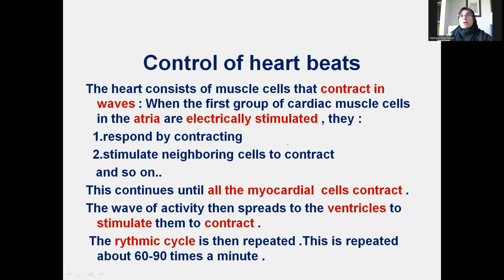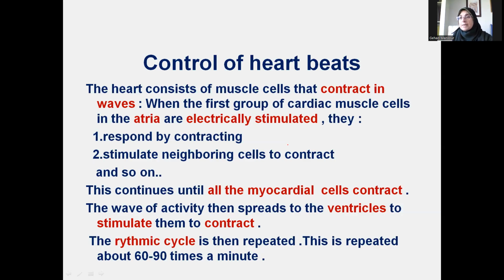Okay. But there could be other pacemakers of the heart without the SA node being diseased, in cases when we have an ectopic focus in the heart that is firing at a very high rate, like for example, firing at 300 beats per minute.